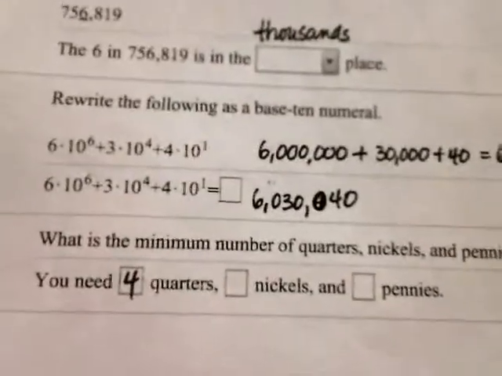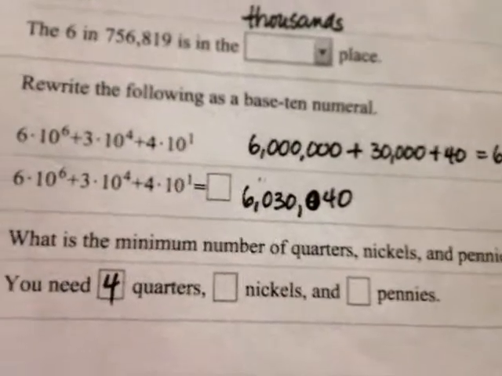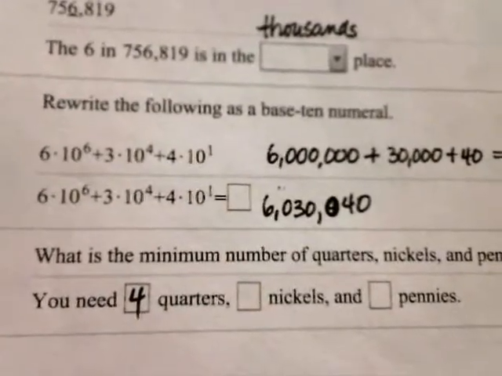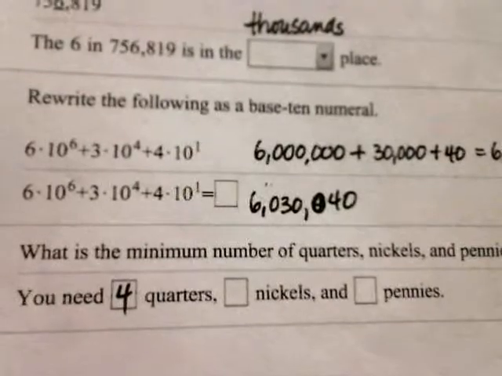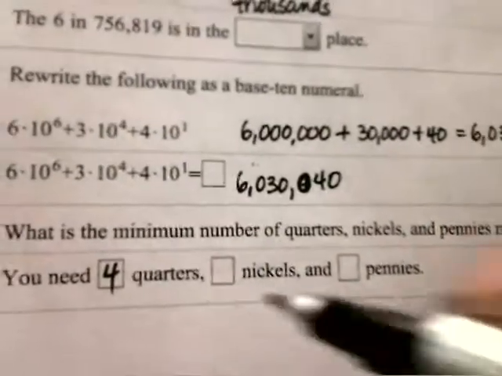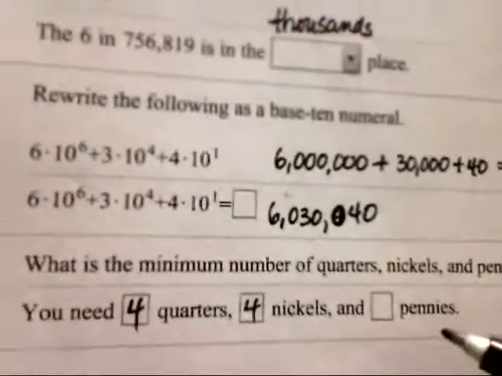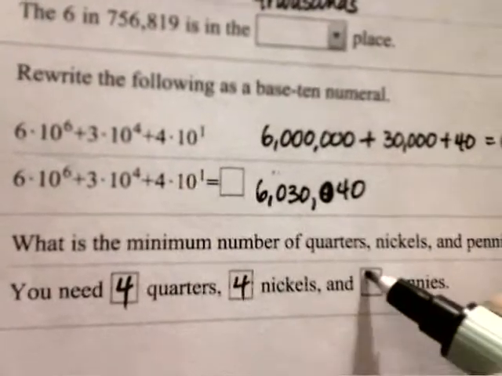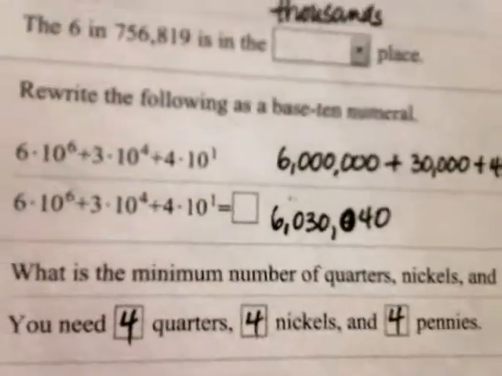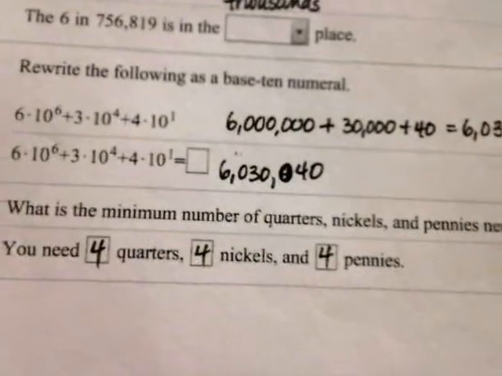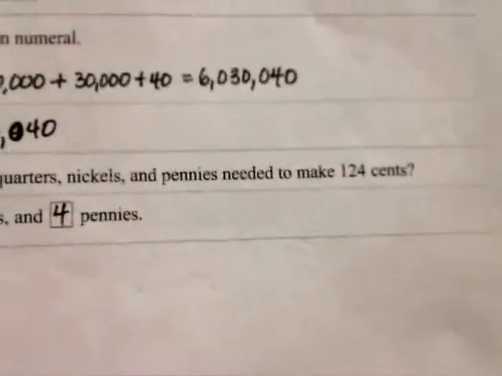That means we've got 24 cents left to make up from the nickels and the pennies. For 20 cents, we can use 4 nickels because it takes 4 nickels to make up 20 cents. So we'll use 4 nickels, and then the remaining 4 would be pennies. So we need 4 quarters, 4 nickels, 4 pennies to make 124 cents.